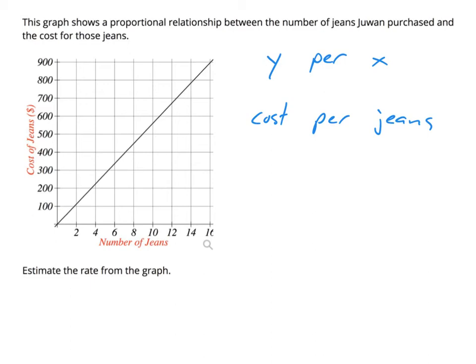So what I'm going to do is try to figure out what it is at one of these points. And you'll notice that I don't really have one that's at a really nice, pretty point here. That is, it's not going right through the grid lines. So I'm going to have to do a little estimation.